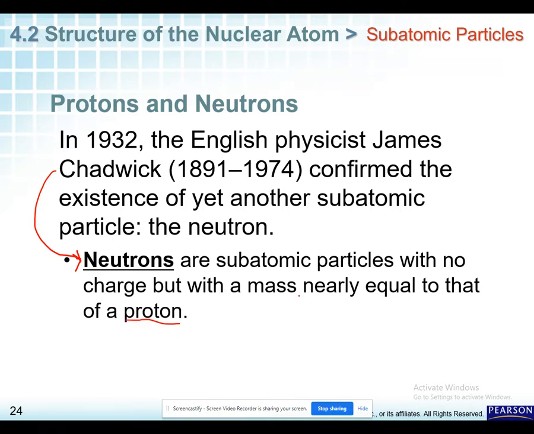So protons and neutrons' mass are the same, and electrons are smaller than both protons and neutrons.